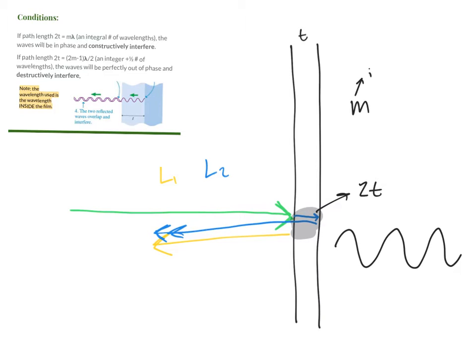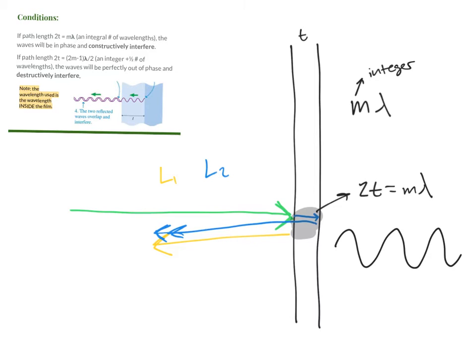M is just an integer times its wavelength there in the film. So the distance it travels has to be integer number times wavelength, and the extra distance it travels is 2t. So you get the condition that 2t path length equals m times lambda, which is the wavelength inside the material.